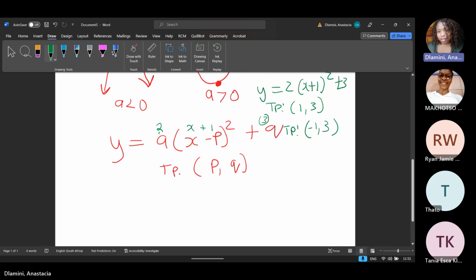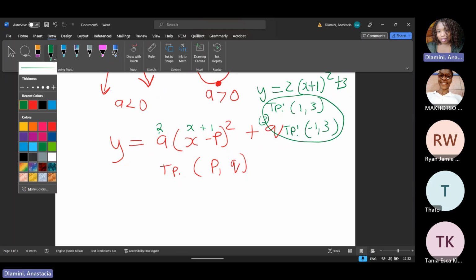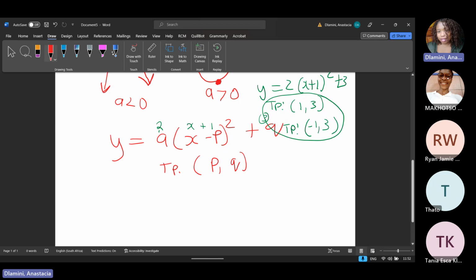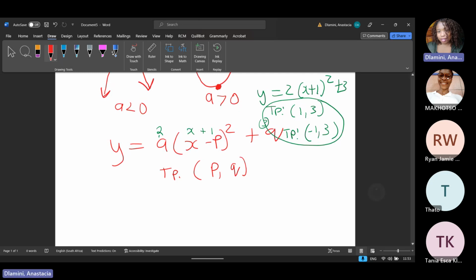Okay, so I have two answers here, right? Now, this is what I want you to always do. This will not only help you with a parabola, but also with the absolute value function. Assignment 2, question 10, the last question, is what we're going to look at here.